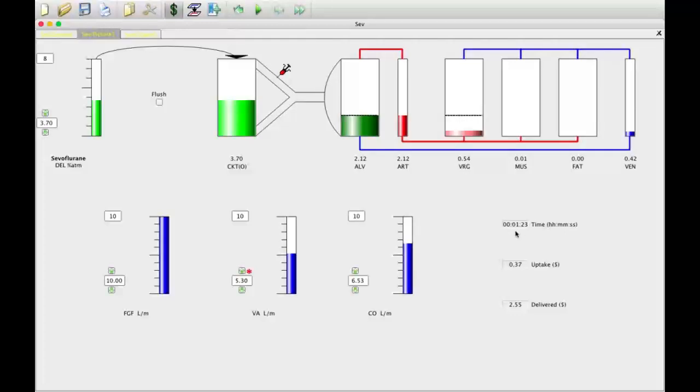So far, 1 minute and about 30 seconds of anesthesia have passed. I cannot start the surgical procedure right now because I'm not sure if my patient is unconscious, due to the lack of correct sevoflurane concentration in brain tissue. Therefore, I need to wait longer.